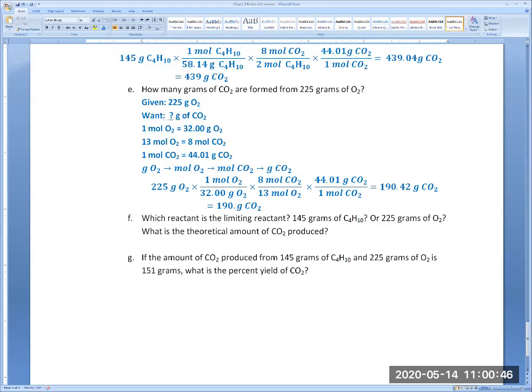And so you want to know which one is the limiting reactant. And so normally you would not have done the calculations before that. And the question is asking what is the theoretical amount or theoretical yield of CO2 produced?